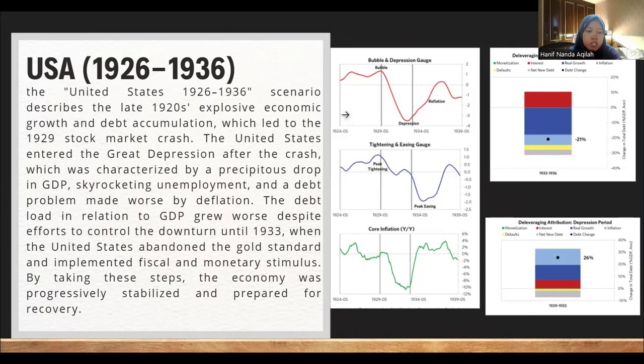The debt load in relation to GDP grew worse despite efforts to control the downturn until 1933. By taking these steps, the economy was progressively stabilized and prepared for recovery. Okay, so this is the first case, and I'll explain the other 11 cases.